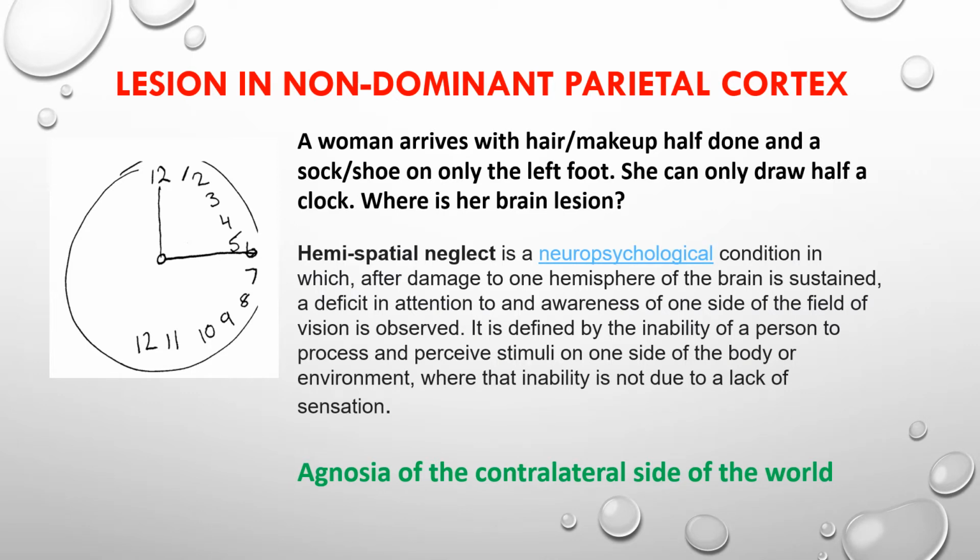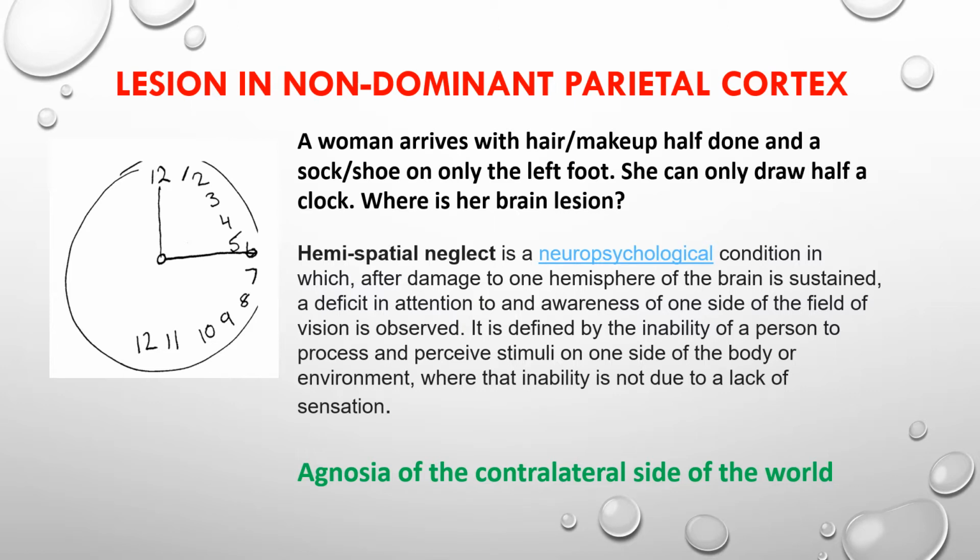For example, in this case, a woman arrives with hair or makeup half done and a sock or shoe on only the left foot. She can only draw half a clock. Where is her brain lesion? So in this condition, the woman is only active on her left part. She's only doing her makeup or hair, or she's wearing shoes and socks on only the left foot.